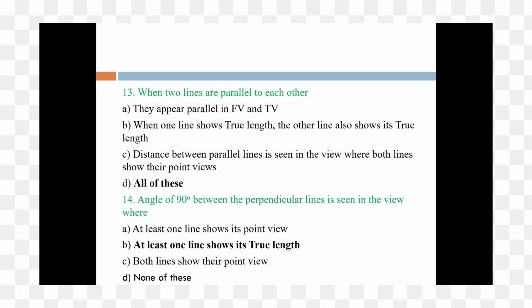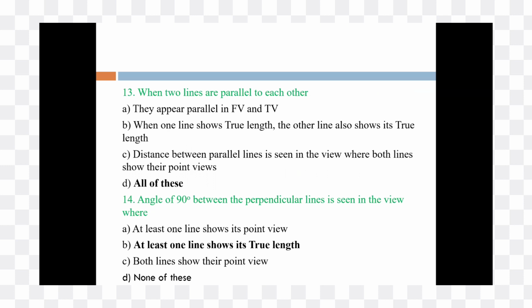The next: when two lines are parallel to each other, then see the options. They appear parallel in front view and top view. When one line shows the true length, then the other line also shows its true length. The distance between the parallel lines is seen in the view where both lines show their point views.